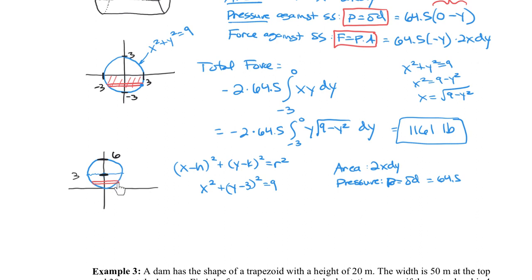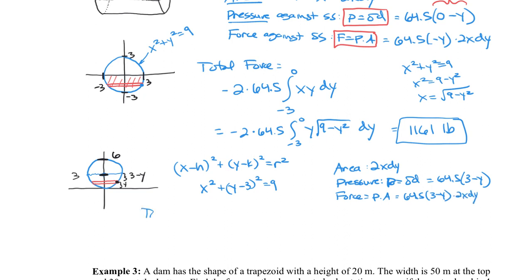If this is y right here, this distance would be 3 minus y, because it's half full. So it's going to be 3 minus y. And then the force is pressure times area. So that is going to be 64.5 times 3 minus y times 2x dy.